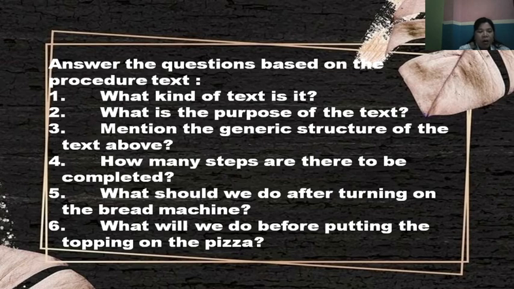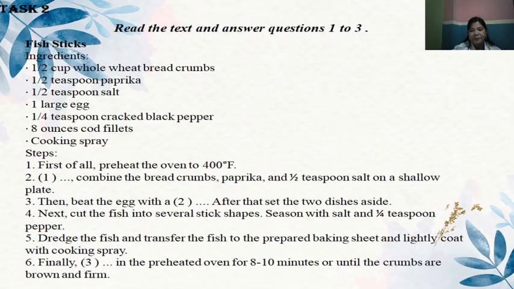Number four, how many steps are there to complete it? Number five, what should we do after turning on the bread machine? Number six, what will we do before putting the topping on the pizza? This is the question from the text above. Ini adalah contoh dari pertanyaan yang ada di teks bacaan di atas. How to make a pizza. Ya. And then the next.